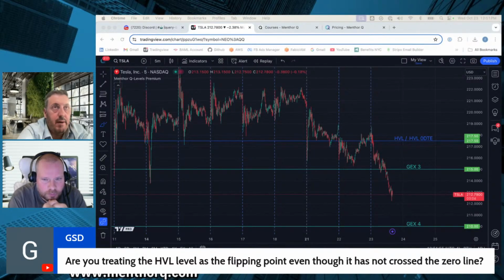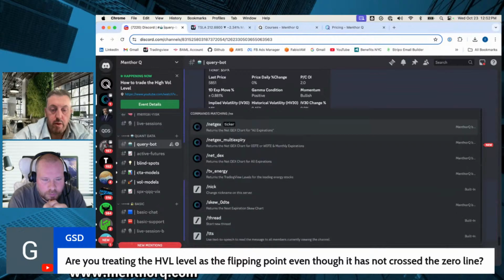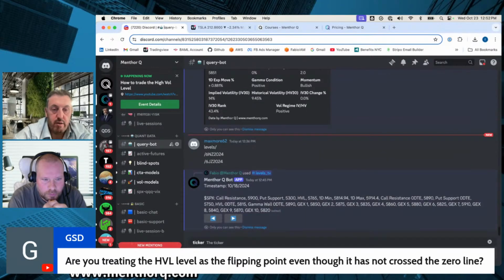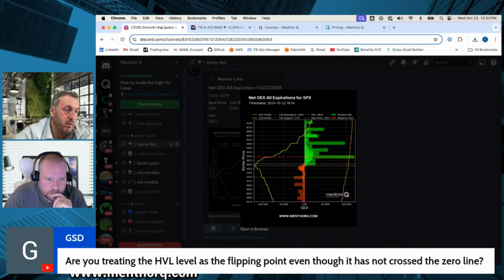So, I think when we look back at the curve, if we go into our Net GEX chart here, yes, this would be the flipping point. It's when the curve flips from negative to positive or vice versa, and here you have that cut through point right here. So yes, the idea is the same. The model is calculated a bit different, but the idea is exactly that one.